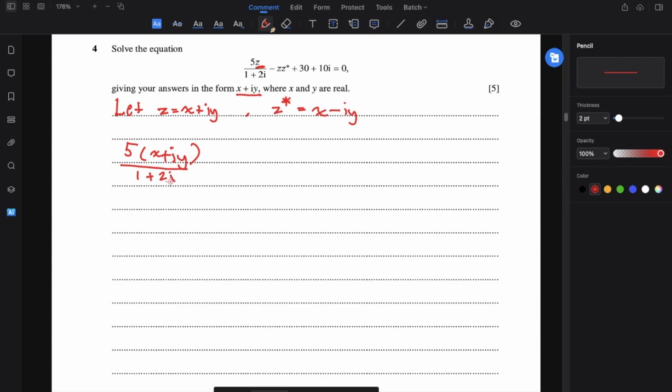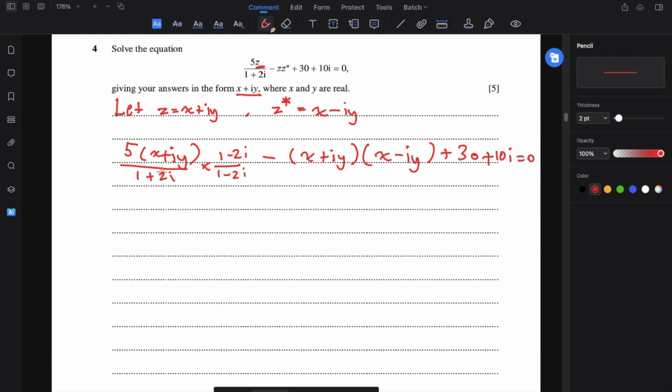So we'll have to rationalize this, and we do that by multiplying 1 minus 2i to both the numerator and the denominator. Then after that we have minus z into z conjugate, so x plus iy into x minus iy, plus 30 plus 10i equals 0.